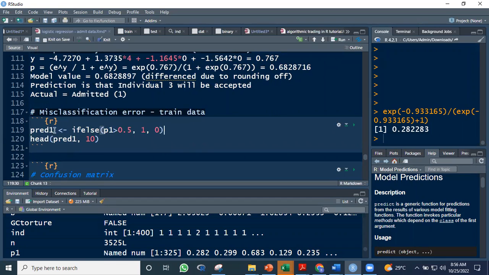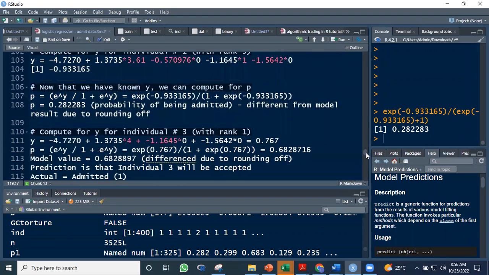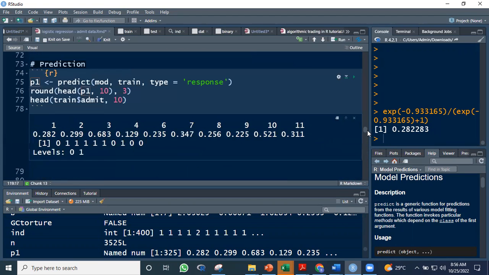Okay, we're creating this value pred1. So if else, ano yung P1 natin? Di ba P1 natin yung mga p-values natin? Ito, no? 282, 299.